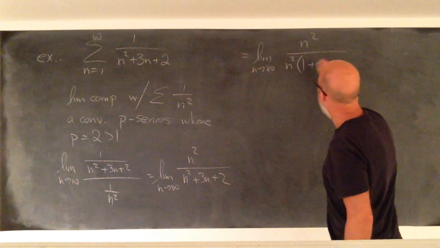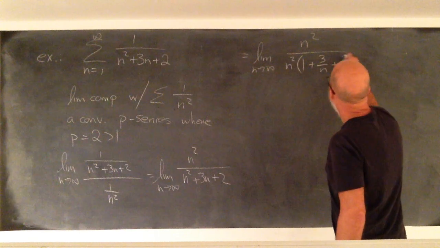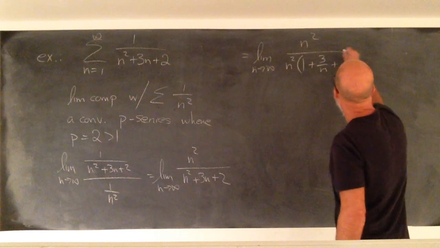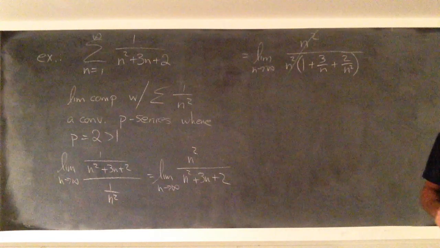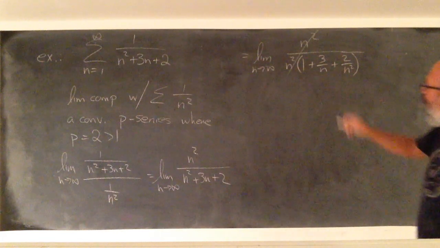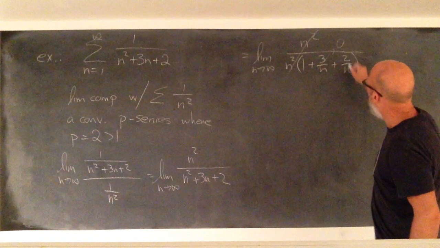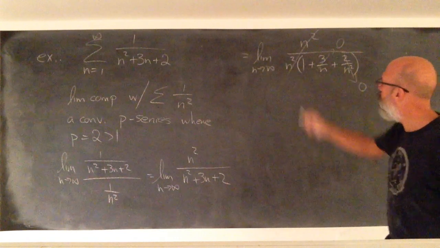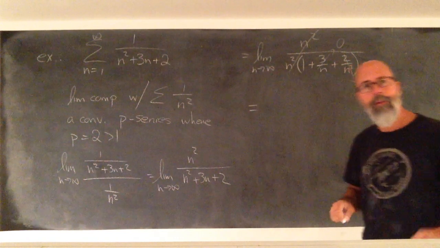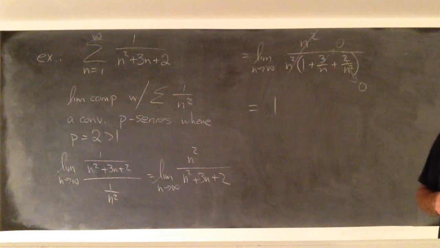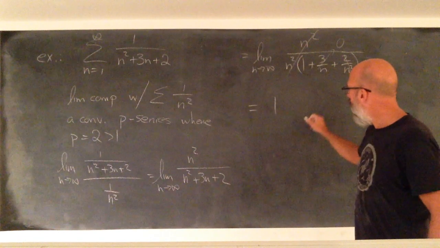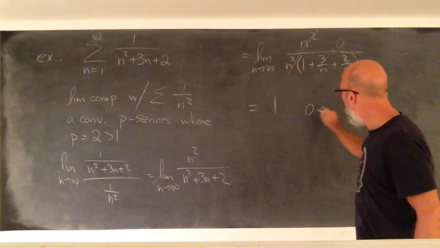This is 1 plus 3 over n plus 2 over n squared. The n squareds cancel out nicely. As n goes to infinity, 3 over n goes to 0, 2 over n squared goes to 0, leaving you with a limit of exactly 1. 1 is between 0 and infinity.